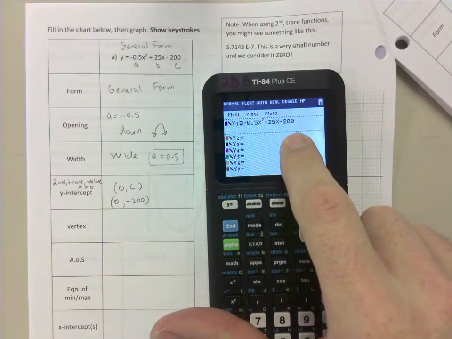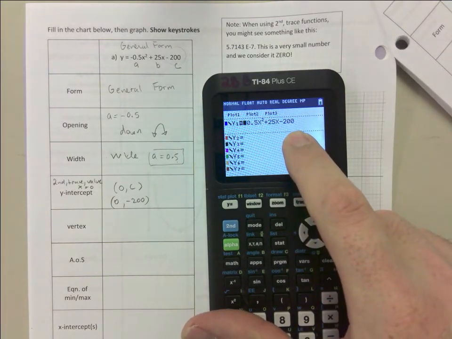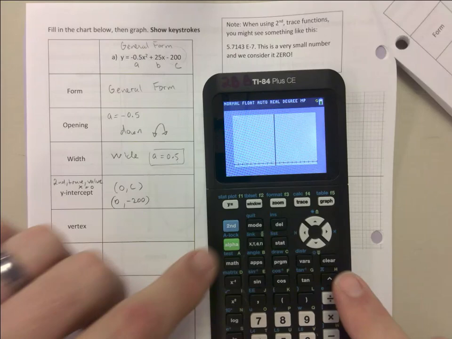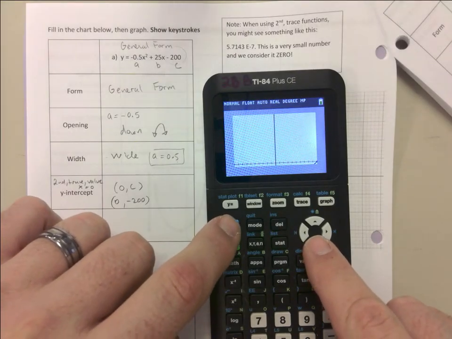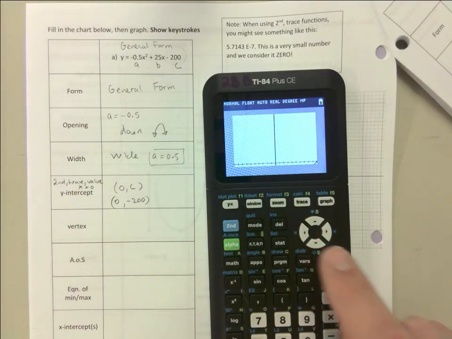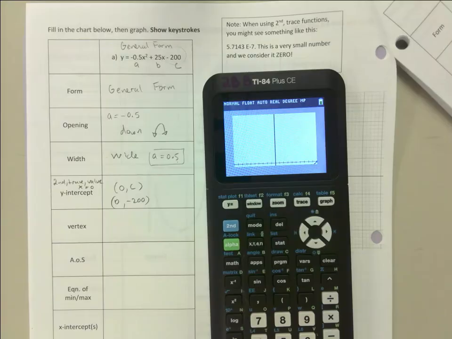Did you type this in already? Okay, let's hit graph. This is what you should have. Let's hit graph. You see anything? You see something, Manu? But are we all seeing something? I don't see anything, okay?